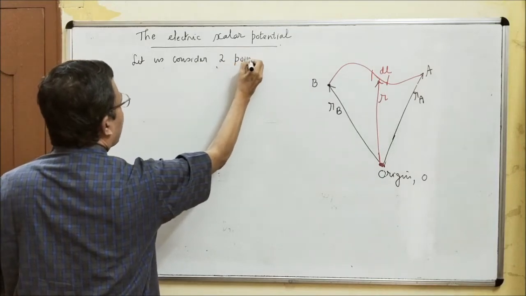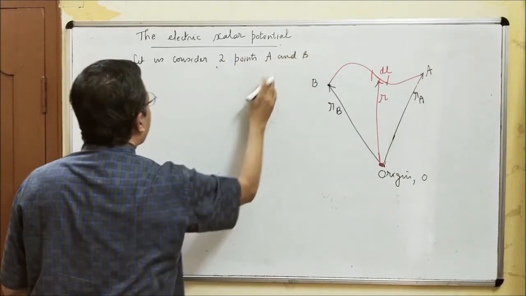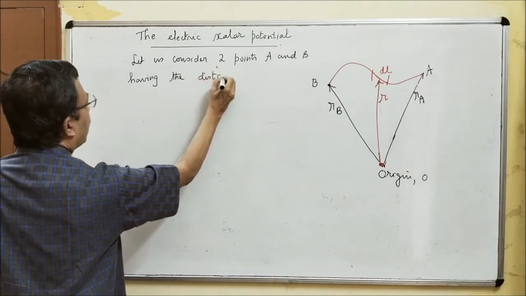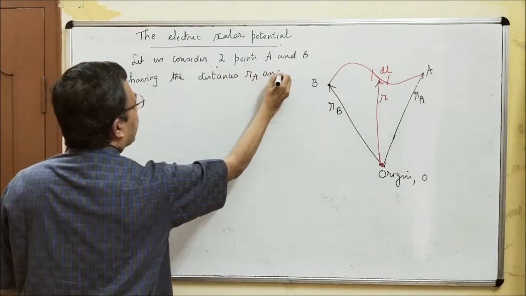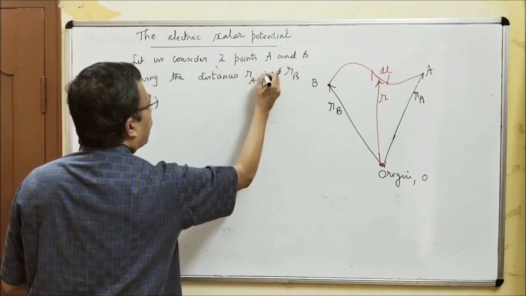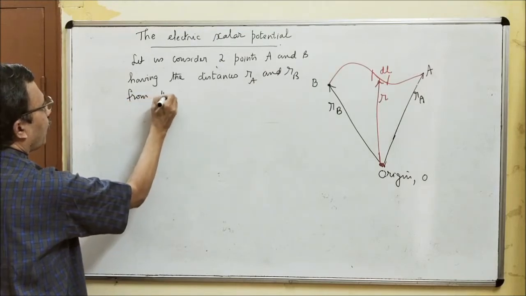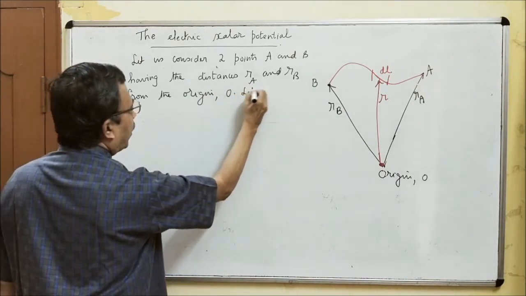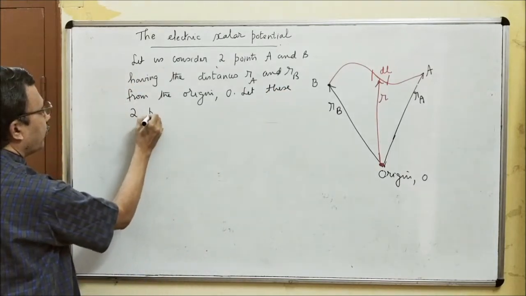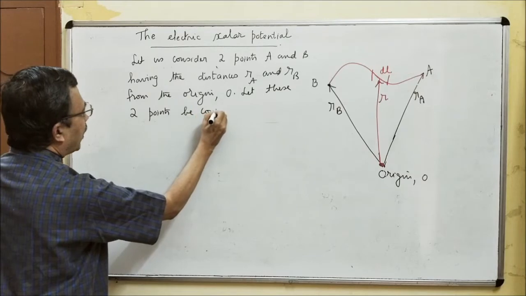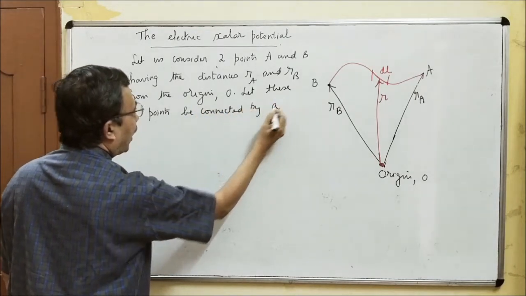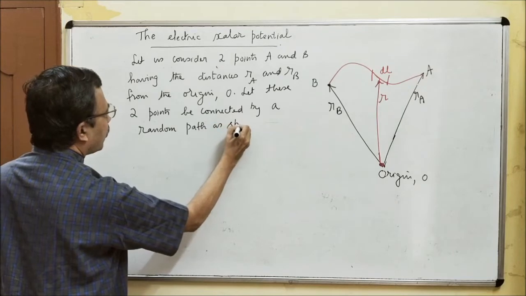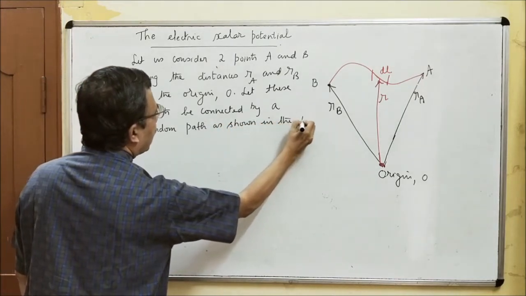Let us consider 2 points A and B having the distances RA and RB from the origin O. Let these 2 points be connected by a random path as shown in the figure.